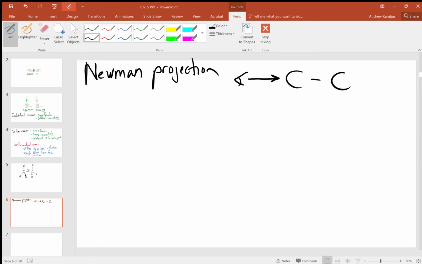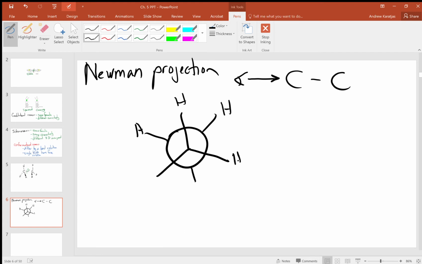And what you should see is something that looks like this. Now your hydrogens may be in a different place from mine depending on what rotation you have, but you should be seeing something like this.